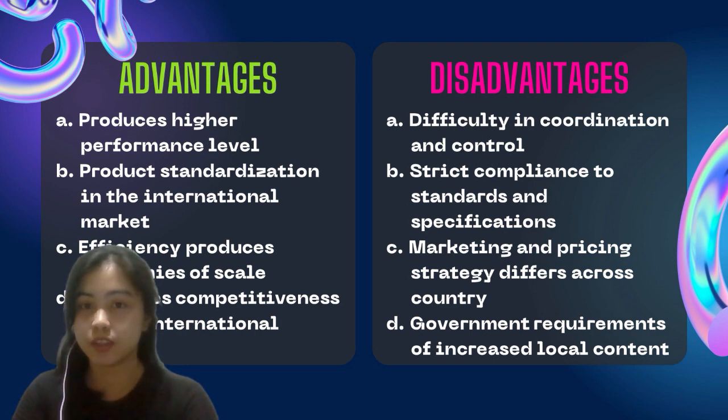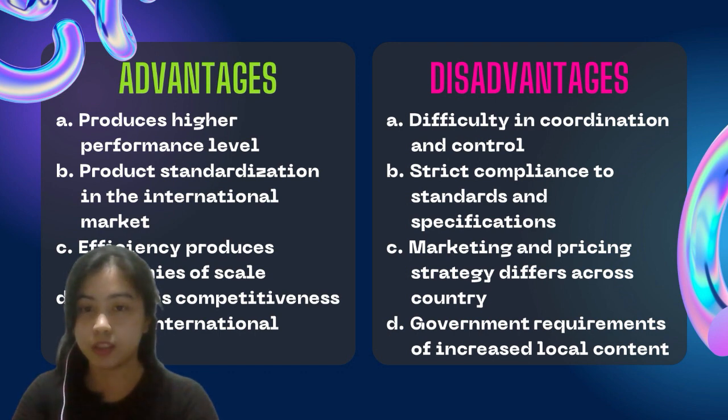Disadvantages. First, achieving a balance between global efficiency and local responsiveness can lead to challenges in coordinating and controlling operations, especially when dealing with diverse markets and regulatory environments. Second, adhering to global standards and specifications may limit the company's ability to fully cater to local preferences and regulatory requirements, potentially affecting market acceptance.